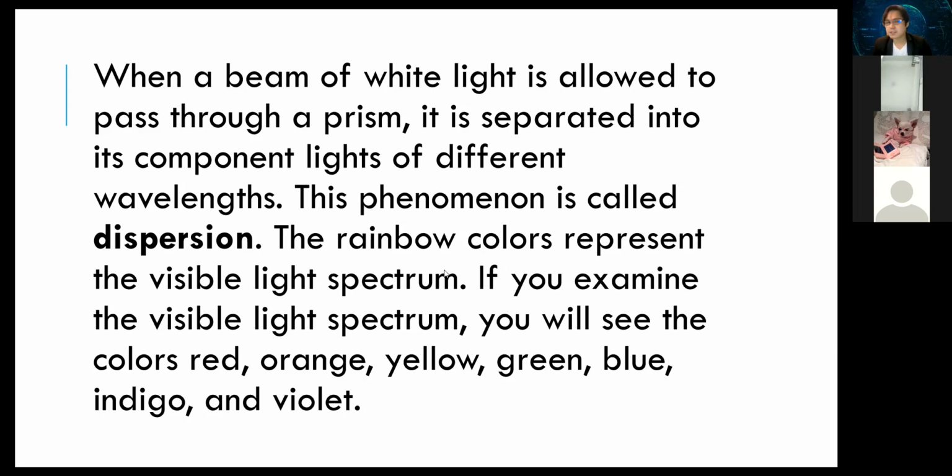Because this white light is refracted, you can observe the Roy G. Biv colors. This is the reason why you can have a rainbow after the rain, because of the suspended water vapor in the atmosphere. See, science can explain a phenomenon.